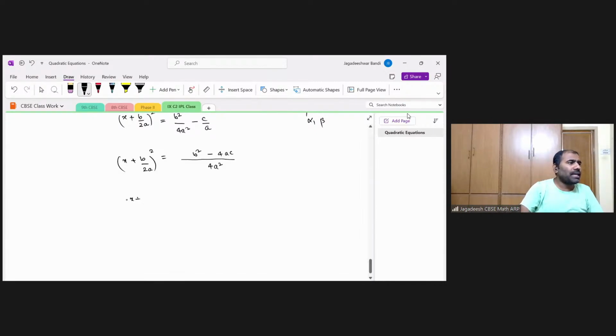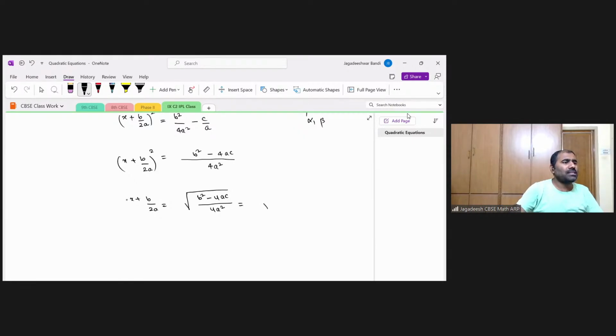So what we do is now send square to the opposite side. So we'll get x plus b by 2a equal to, we all know, if you transpose square to the opposite side, it becomes square root. So square root of b square minus 4ac whole divided by 4a square. For the numerator, if you apply root also, we cannot do anything. But for the denominator, root of 4 is 2, root of a square is a.